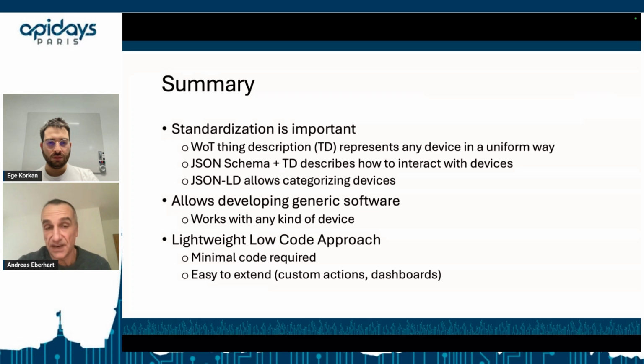JSON schema is very key to reduce the cost in building software that can talk to these devices in a generic way. JSON-LD allows us to link with ontologies and categorize devices. And again, the WoT Manager is completely generic, so any type of device that you hook up that we haven't seen while developing the application can be managed generically.